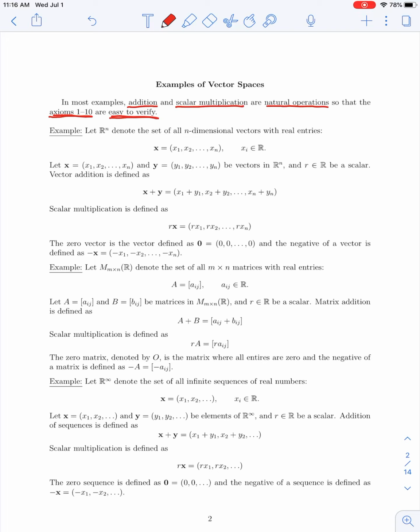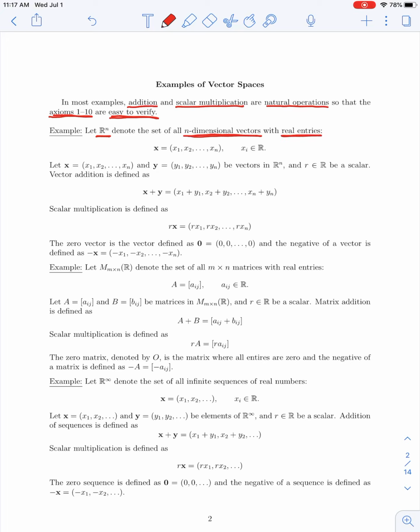But some of the examples that we'll work with most often have natural operations and are typical examples of vector spaces. We'll consider those here. So the most standard one would be the set Rn, which is the set of all n-dimensional vectors that have real entries.